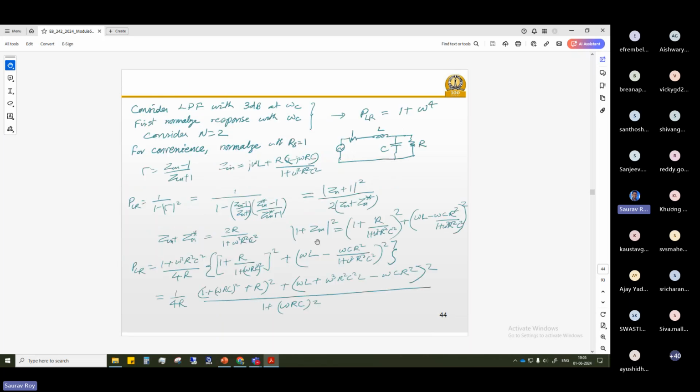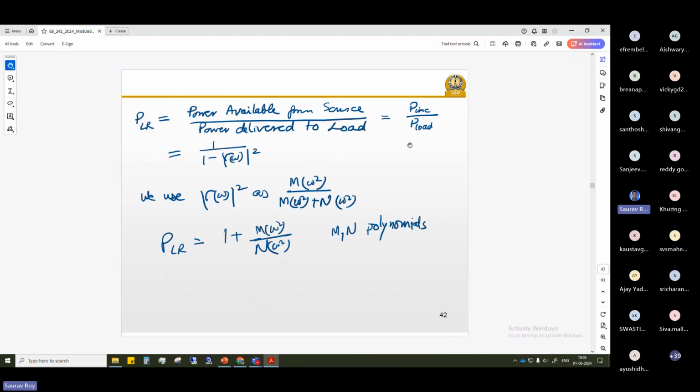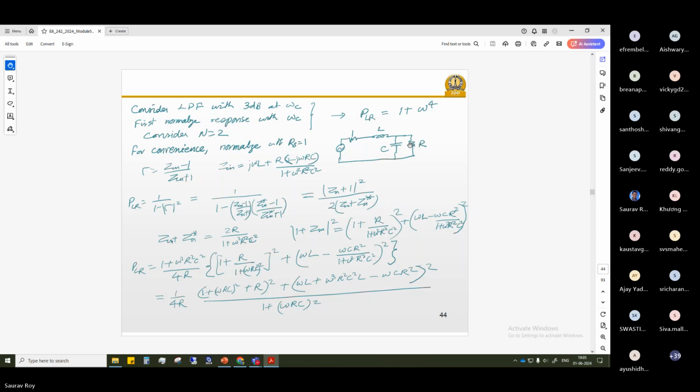For a starter, you can start with a very basic LC circuit again, and you put R as the load resistance. On the generator side, you can add a source, and the source resistance RS you can put as 1 ohm. Okay, so this is the simplest Butterworth circuit possible. If you do this, you can calculate gamma, right?